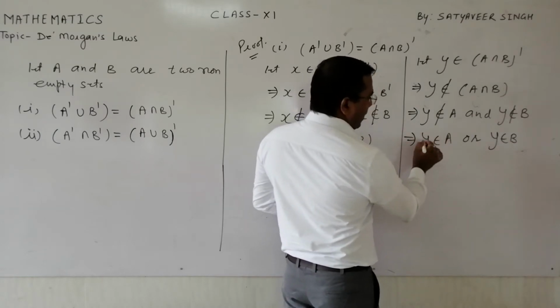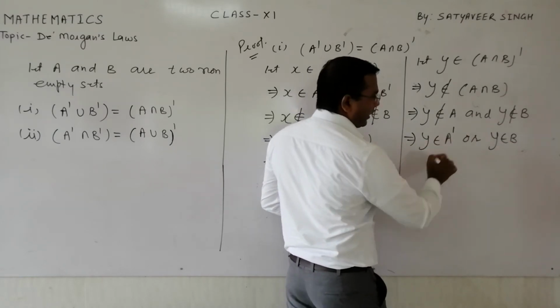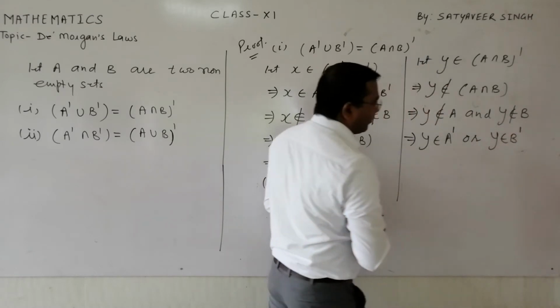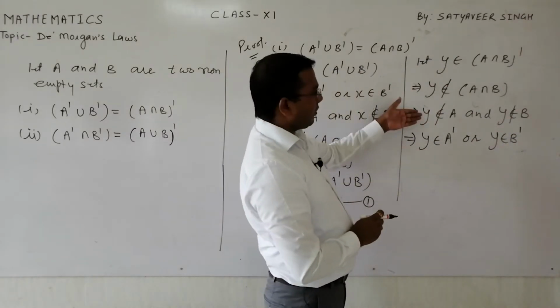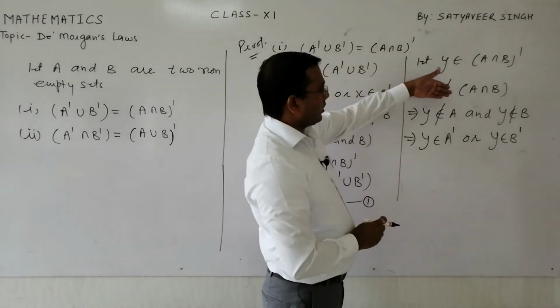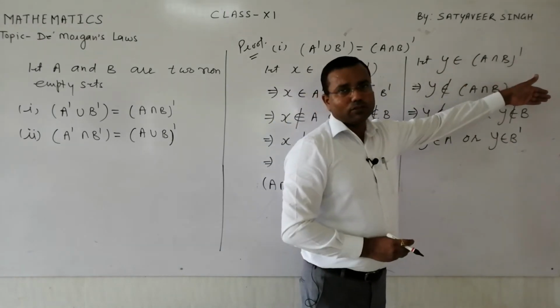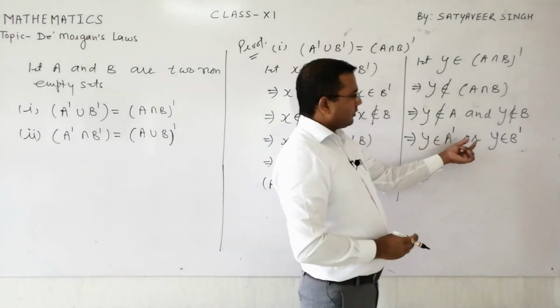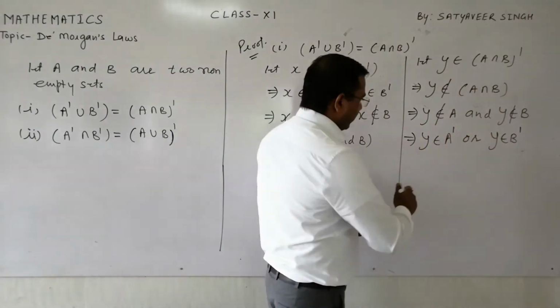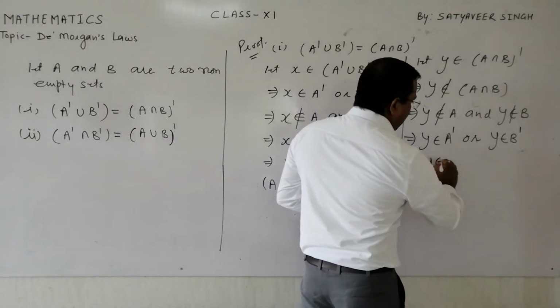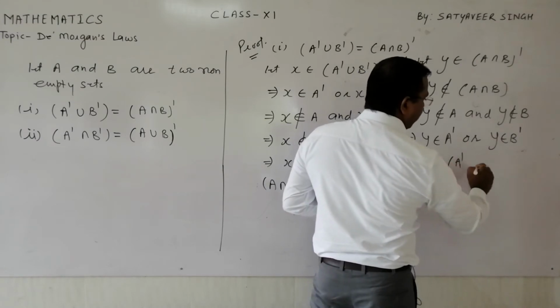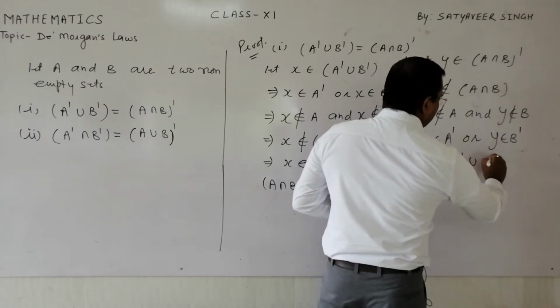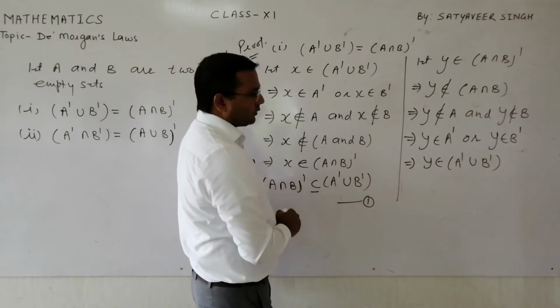I will just correct this: y belongs to A complement and y belongs to B complement. So this statement is equivalent to this. y does not belong to A and y does not belong to B means what? y belongs to A complement or y belongs to B complement, which means y belongs to A complement union B complement.